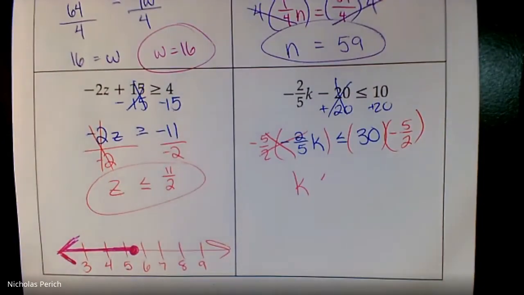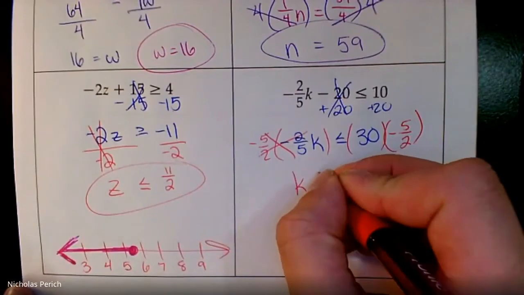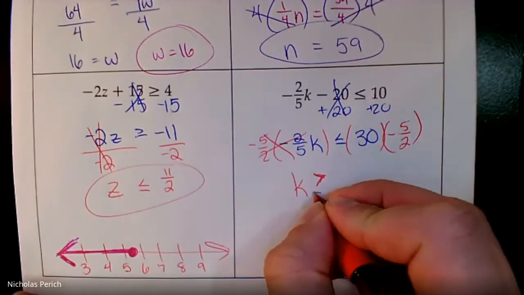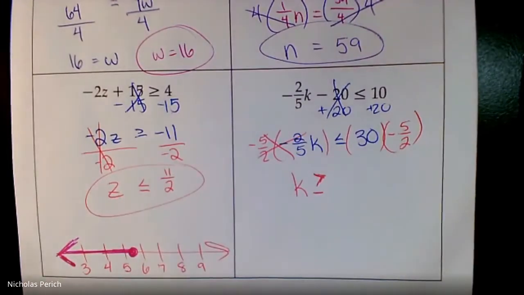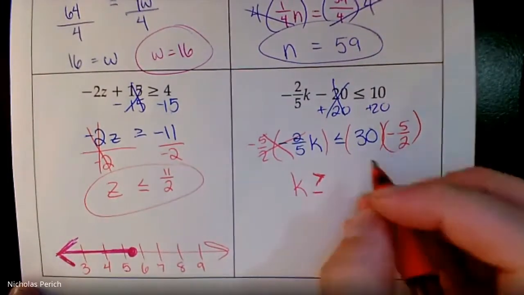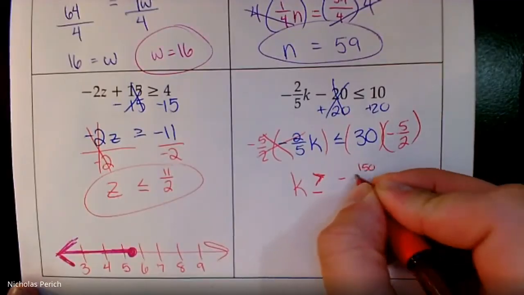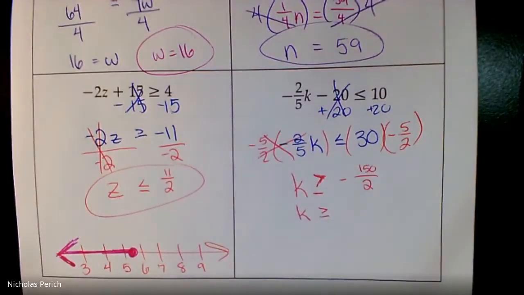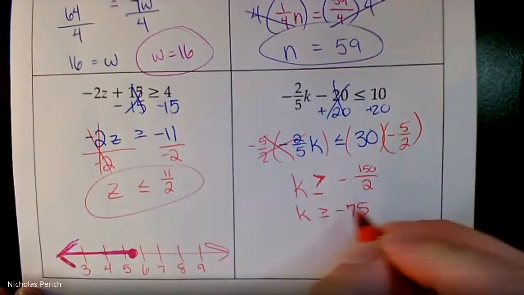Please answer me. Flip the sign. So I almost wrote less than or equal to. Now I'm going to put greater than or equal to. I have negative 30 times 5 is 150 over 2, which simplifies to what? -75. Good.